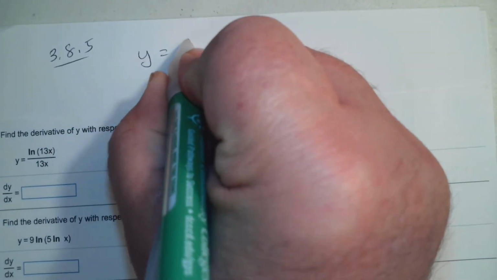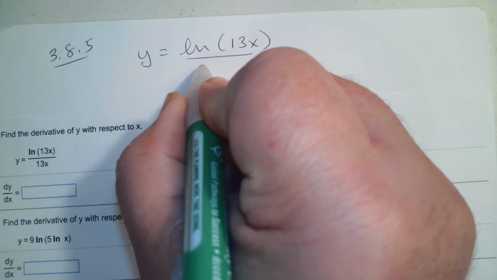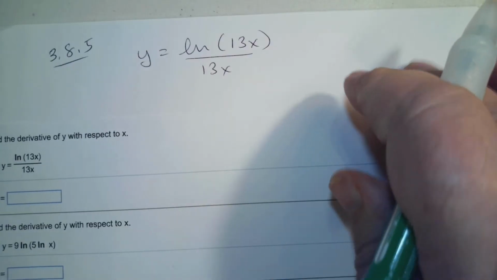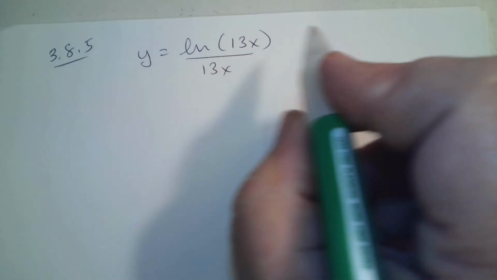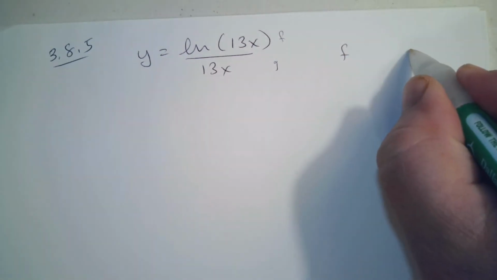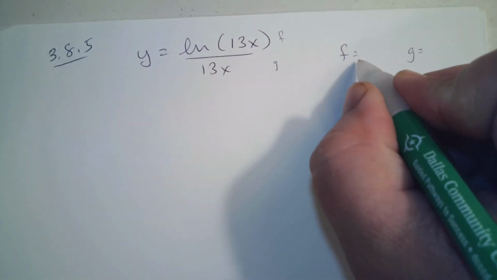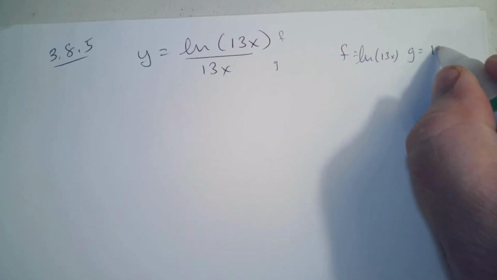Y equals ln 13x over 13x. So this is F, this is G. So ln 13x.